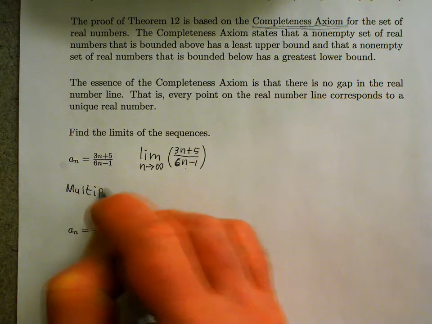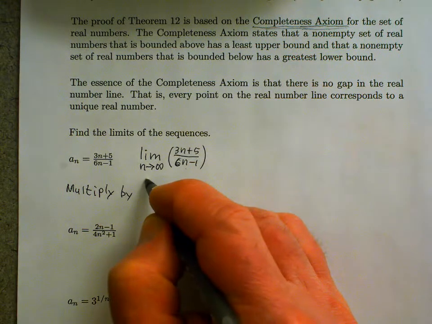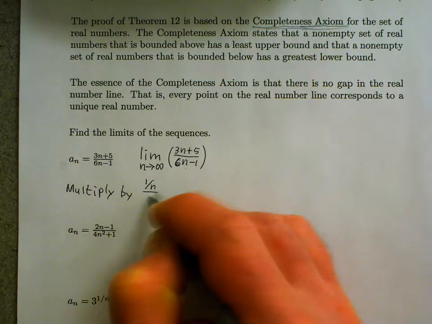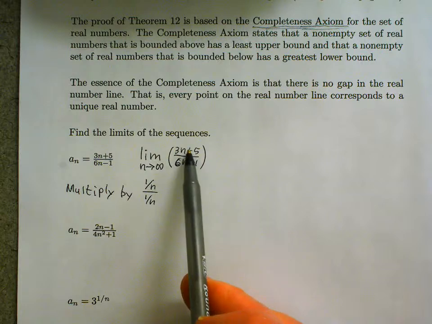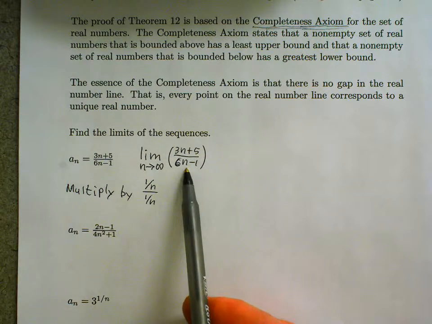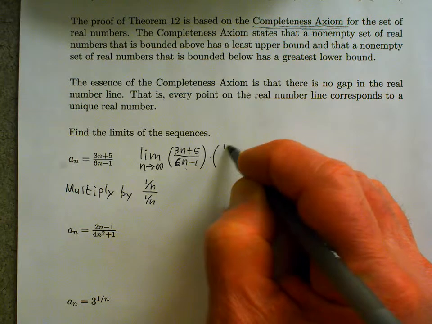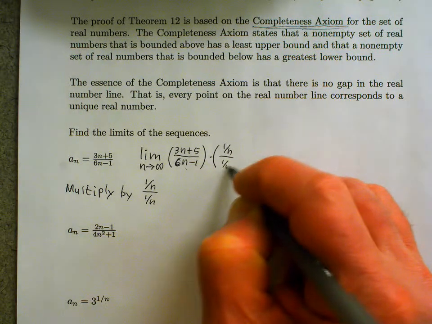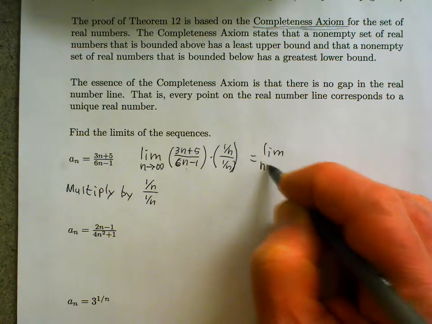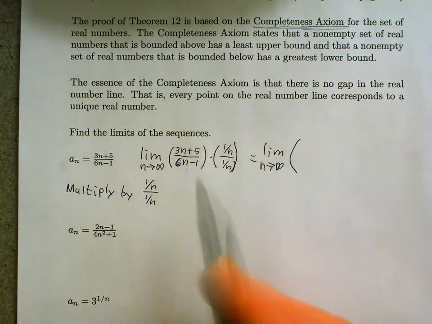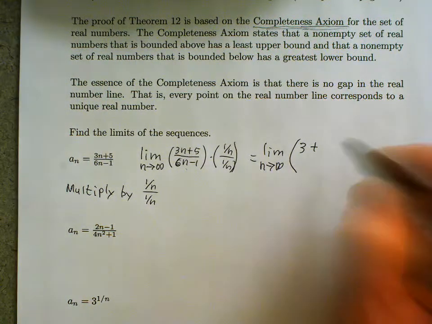So multiply by 1 over n over 1 over n. So another way to say that is multiply the numerator by 1 over n and multiply the denominator by 1 over n. So I'll just put that in here. So we have the limit as n approaches infinity. 3n times 1 over n is 3. 5 times 1 over n is 5 over n.